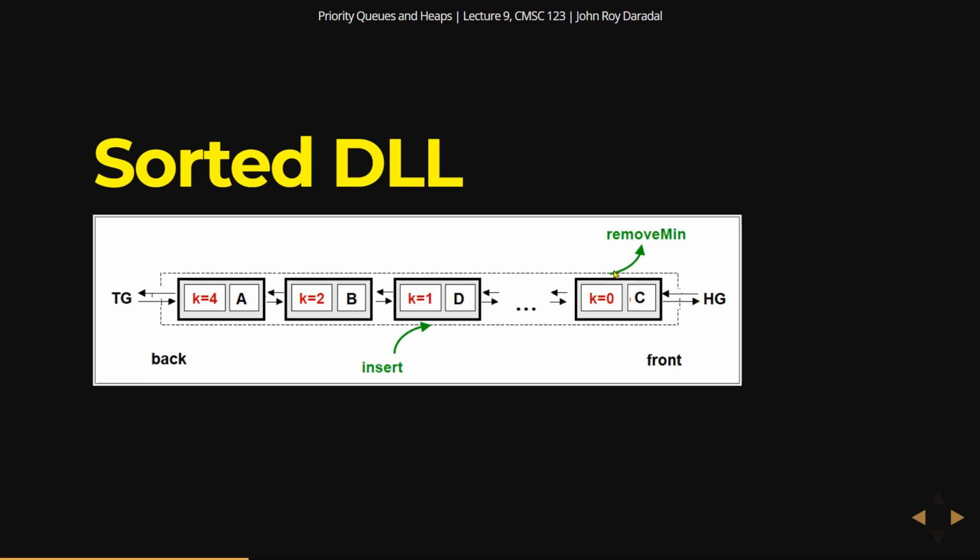If you want to remove min, it's always at the front. But if you want to insert, you'll have to insert somewhere in the middle or wherever the appropriate position is to keep the priority sorted. So you have 0, 1, 2, 4 in sorted order of priority keys. So that is sorted DLL.